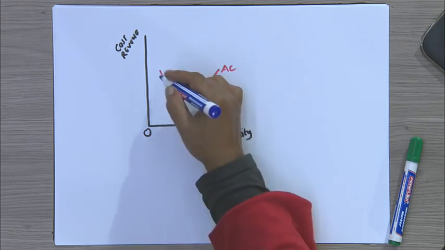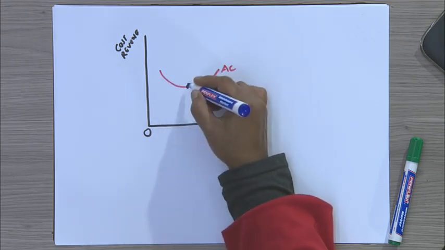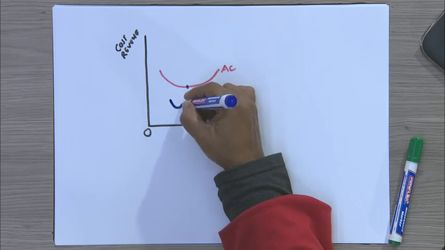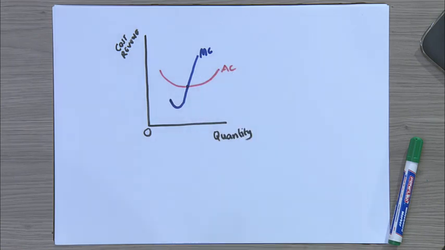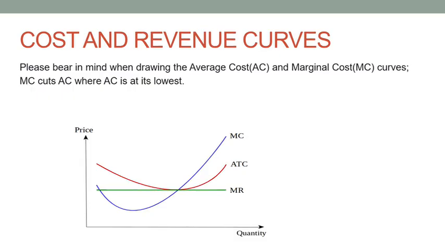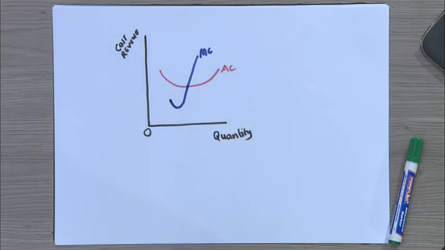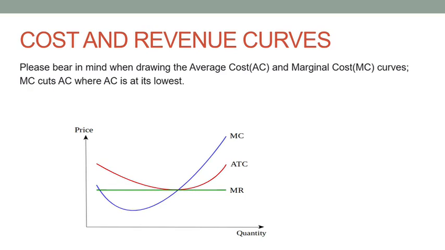So you always first draw your AC curve, find your lowest point, and then make sure that your MC, your marginal cost curve, passes or meets the AC at that lowest point. Okay, so a nice question here could be, what is the relationship between marginal cost and average cost, right? And we will have a look at that a bit later on.